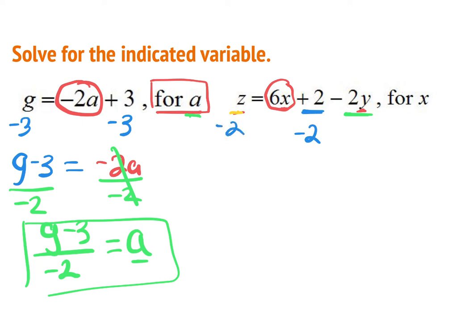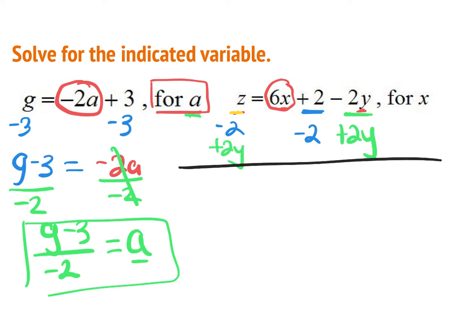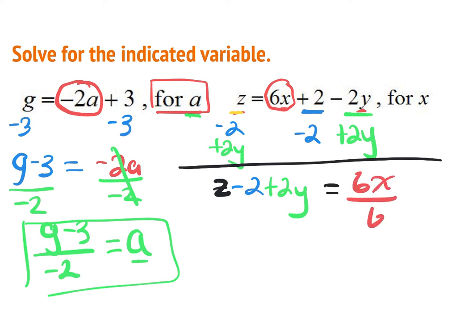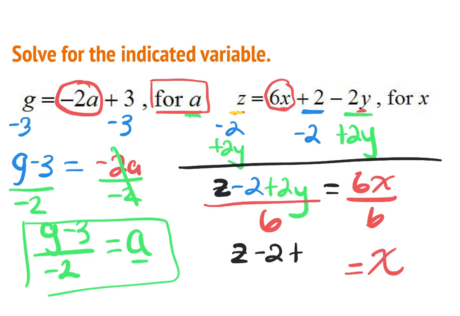I want to get rid of the 2y, so plus 2y. So when we simplify, we are left with z minus 2 plus 2y equals 6x. Then we have to divide by 6 to get x by itself. So my final answer is z minus 2 plus 2y over 6.